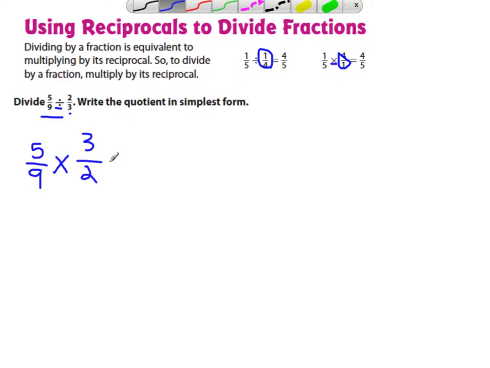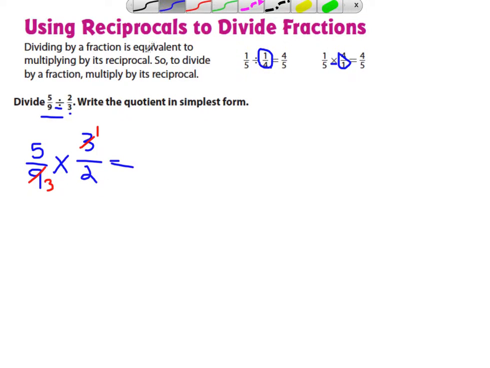Okay? Now I've shown you before where you can actually simplify if you want to first. We can't simplify this fraction, and we can't simplify this one either, but we can simplify the numerator of one with the denominator of another. I just recognized pretty quick that I can simplify the 3 and the 9. I can divide the top by 3 and I get 1. I can divide the bottom by 3 and I get 3.